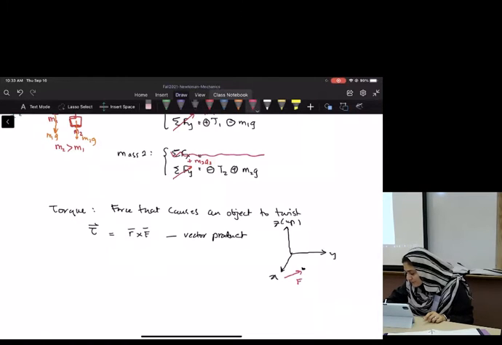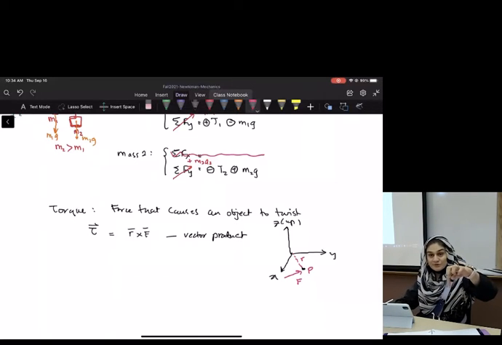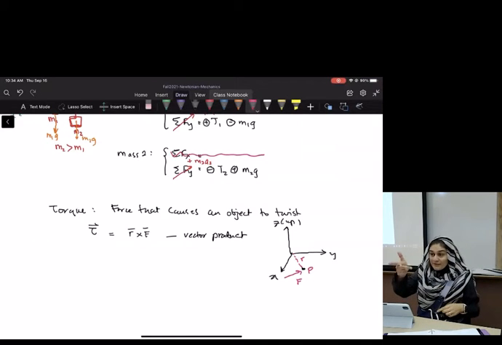That force that you are applying to this point P is a vector force, okay? Because you have a vector R that goes from your origin to the point that you chose, plus what you're pushing with.